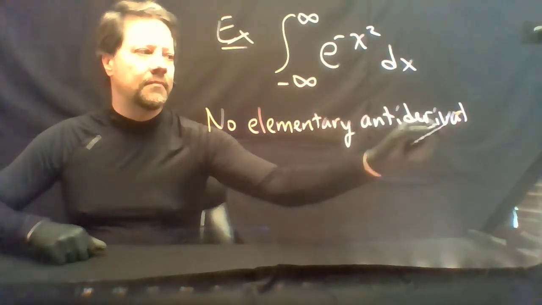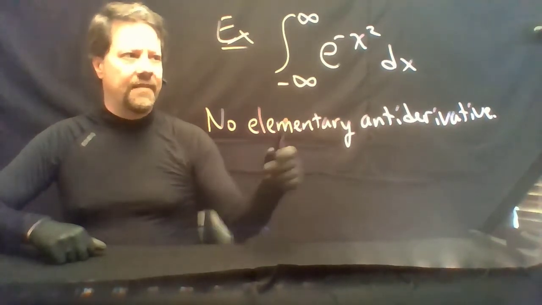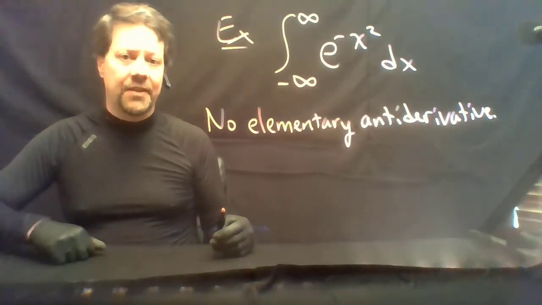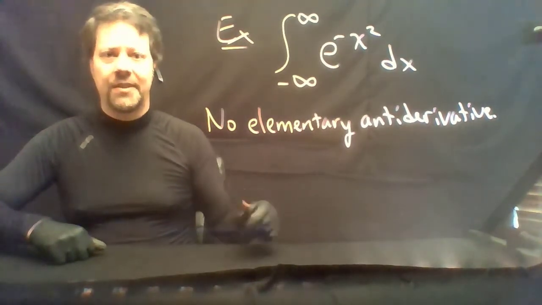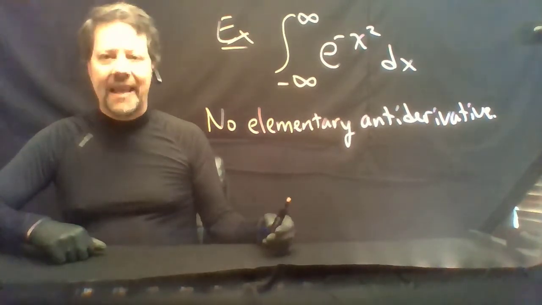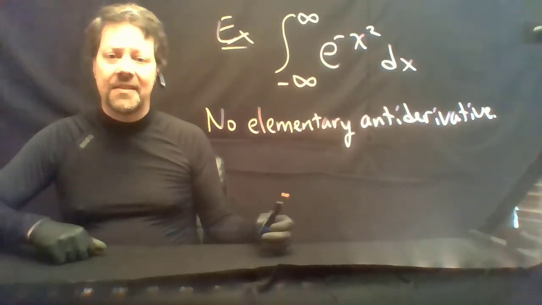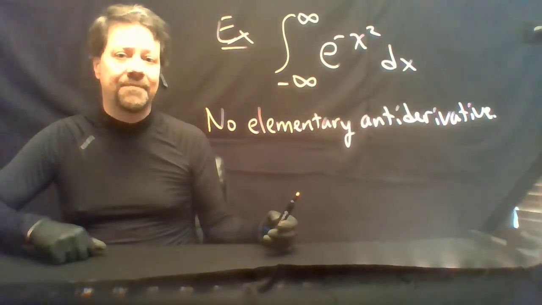So it is impossible to express the antiderivative of this integrand with a finite number of algebraic operations, or even trigonometric functions or exponential functions. That means we can't integrate this using the fundamental theorem of calculus because we can't find the antiderivative.